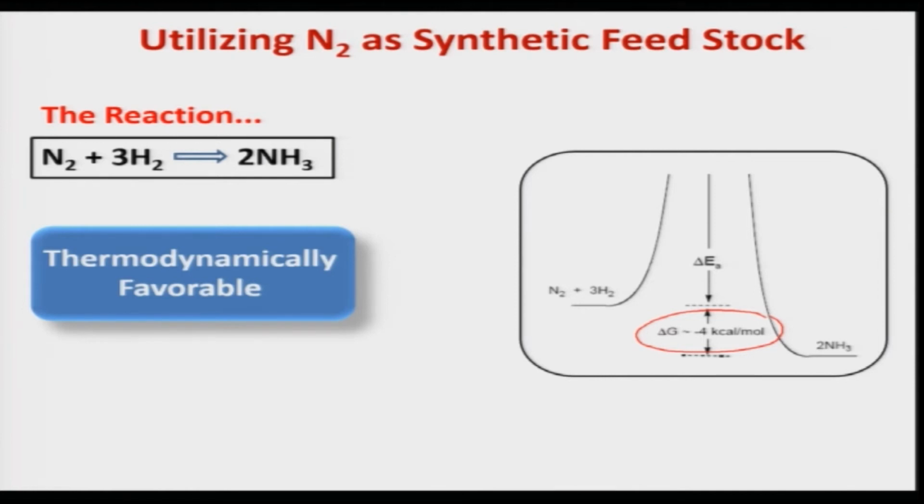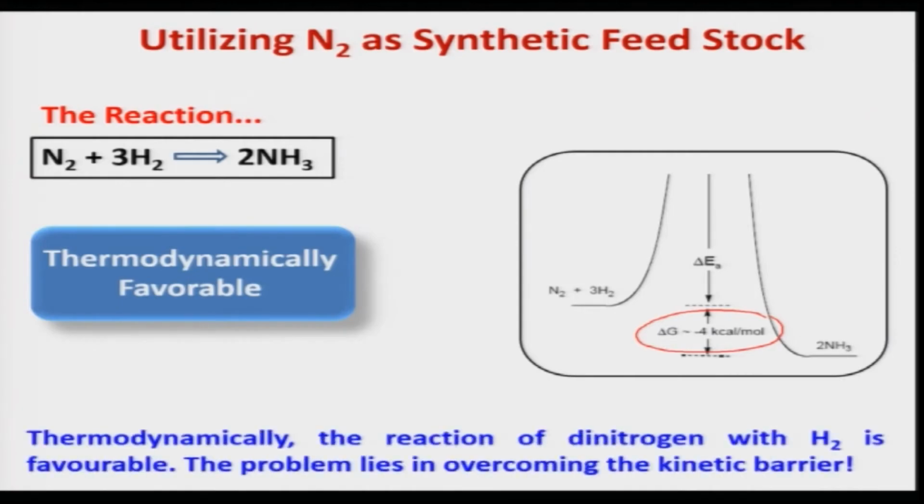If this is so, then what is the problem? The problem is, although the reaction is thermodynamically favorable, the problem lies in overcoming the kinetic barrier. You just mix it, it is impossible to get ammonia.